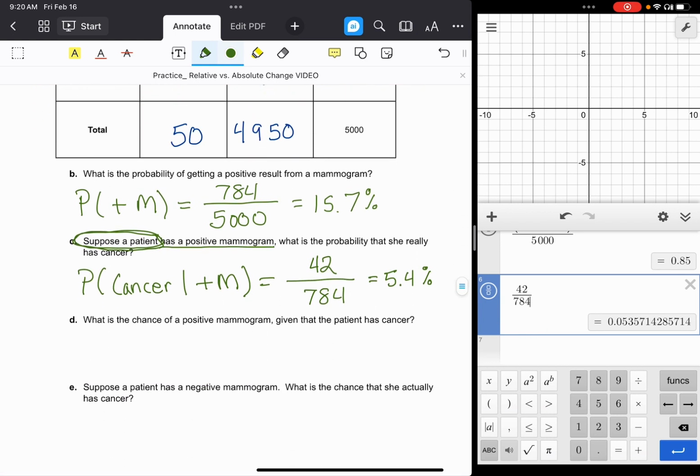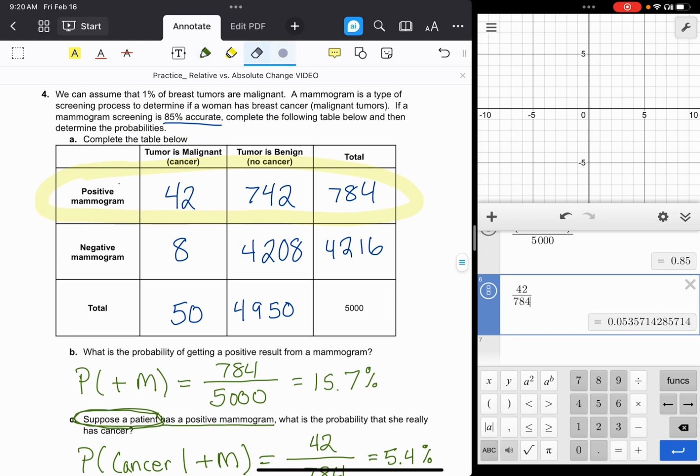Okay, the next one. What are the chances of a positive mammogram given, keyword, given that a patient has cancer? So we're basically flipping the probability we had up on part C. This time my subgroup is that we know they have cancer, and what are the chances of them getting that positive test result that let them know?